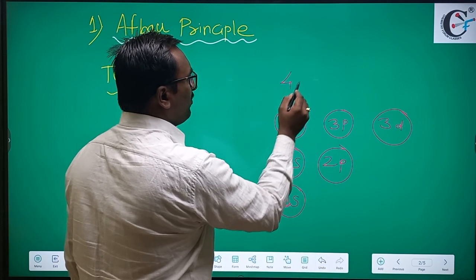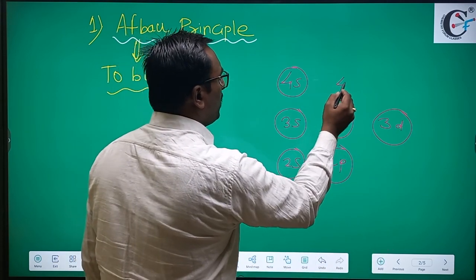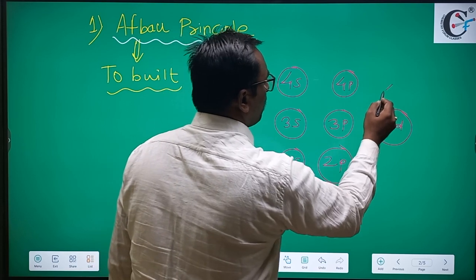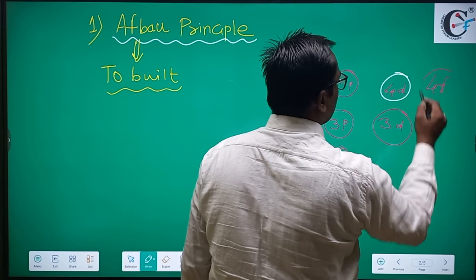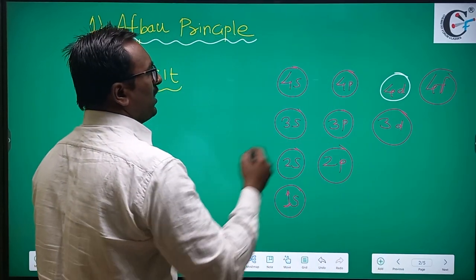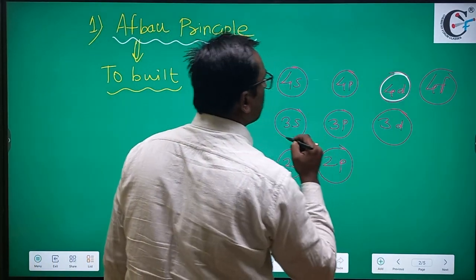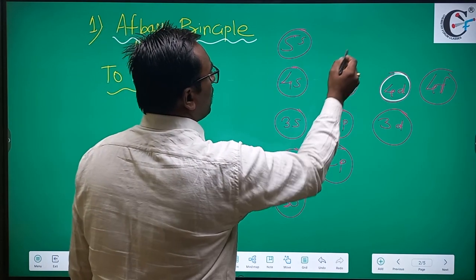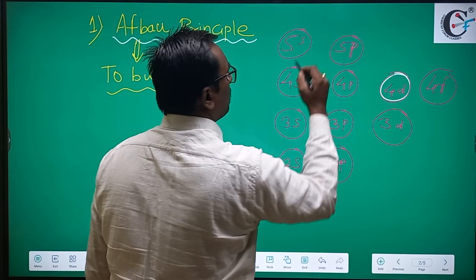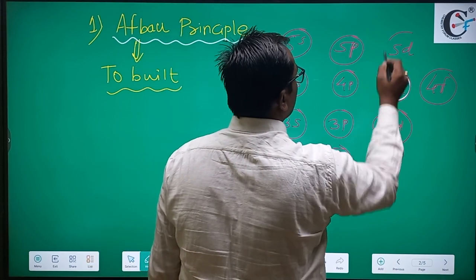Then 4s orbital, 4p orbital, 4d orbital, and 4f orbital. Then we have the 5s orbital, then 5p orbital, 5d orbital, and 5f.